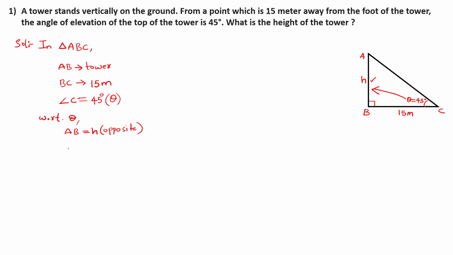Next, BC is equal to 15 meters will be the adjacent side. This you will learn in a trigonometry chapter. What is acute angle, what are opposite side and adjacent side to acute angle, that you are supposed to learn in trigonometry.